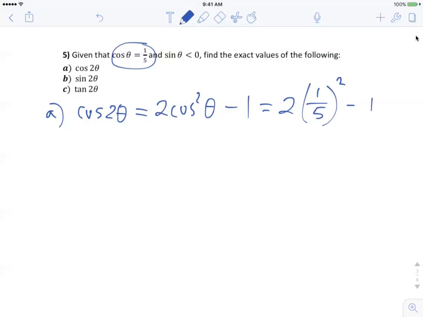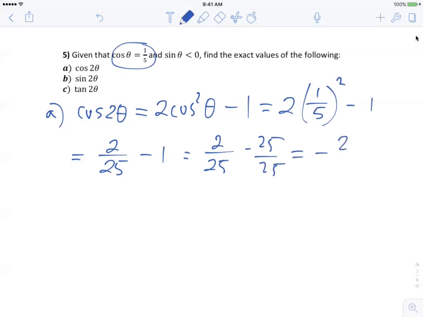Cosine theta equals 1/5, and there's my expression. So this is going to equal 2/25 minus 1. I could write that as 2/25 minus 25/25. So that's going to be negative 23 over 25.